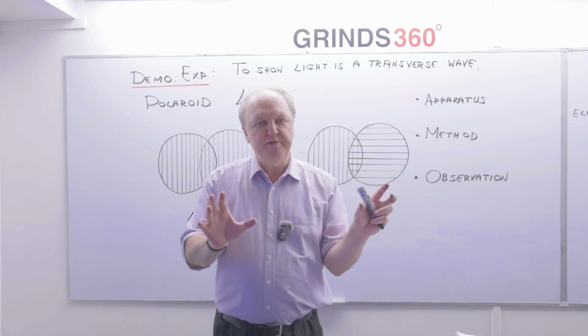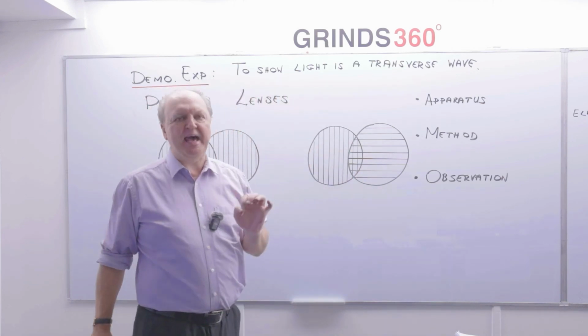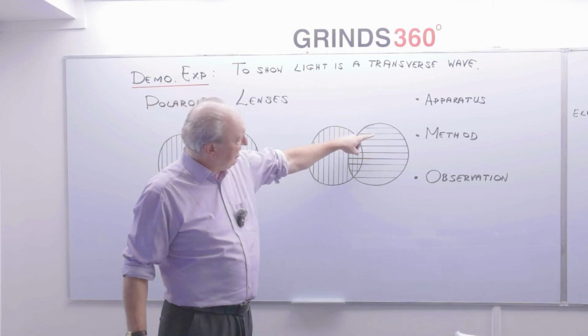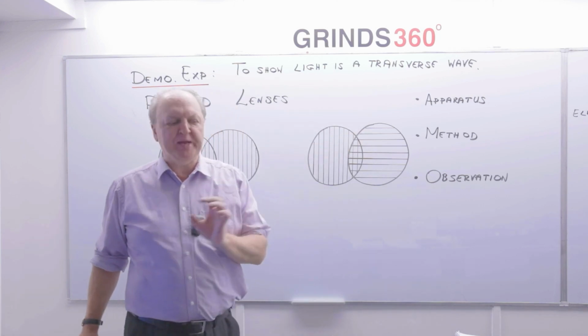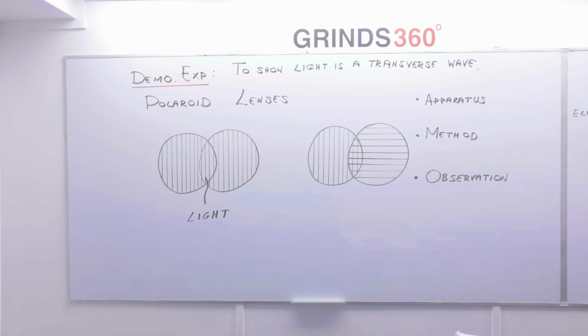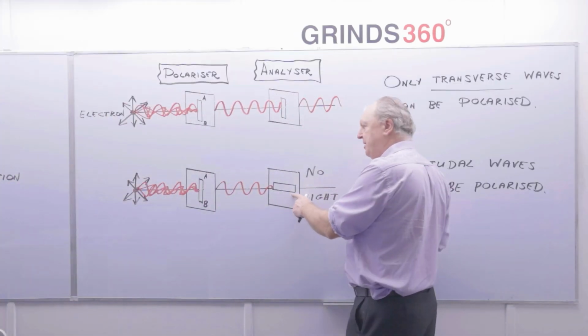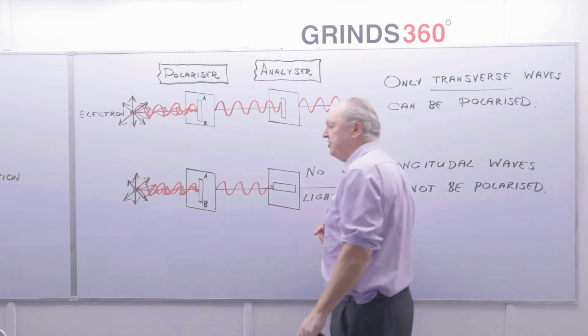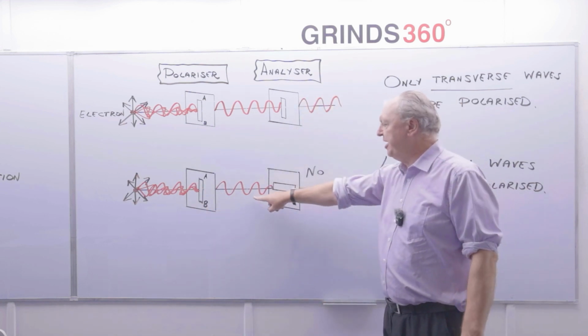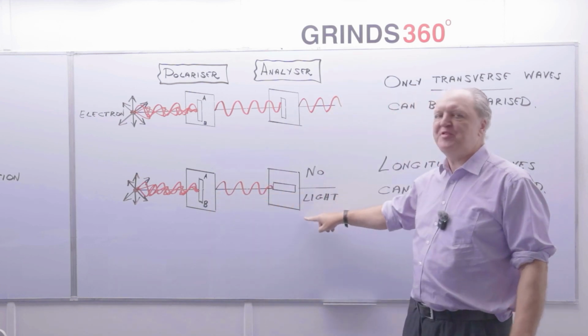Then in the method, you're going to rotate that second lens until eventually the gaps are perpendicular to each other. So what happens? Well, going back to my previous diagram, when the analyzer's gap is perpendicular to the polarizer's gap, that polarized light that passed through the polarizer can't pass through the analyzer.